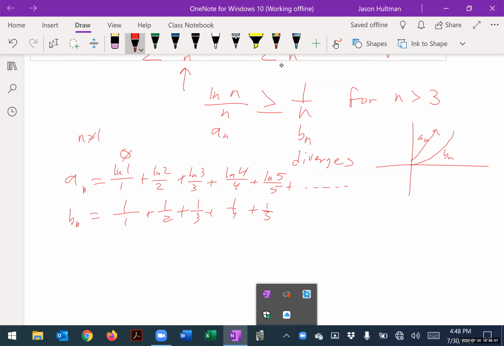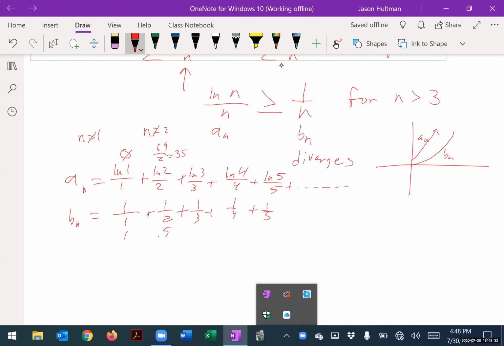What about this one here? This is 0.69 over 2. That's the natural log of 2 over 2, which is about 0.35. And what's 1/2? 1/2 is 0.5. So again, this is not bigger. It's looking like it's not working.